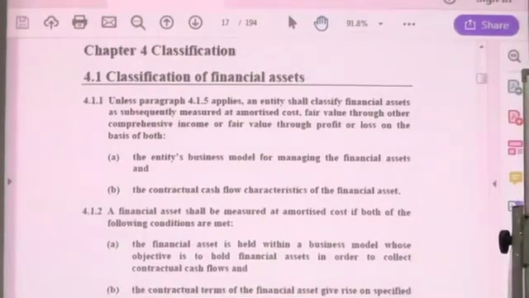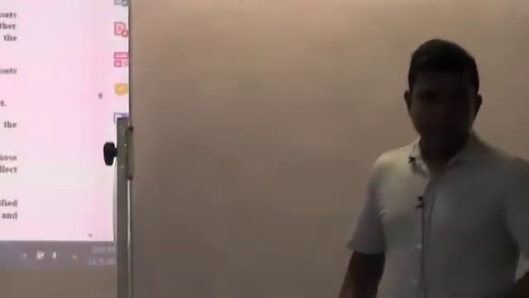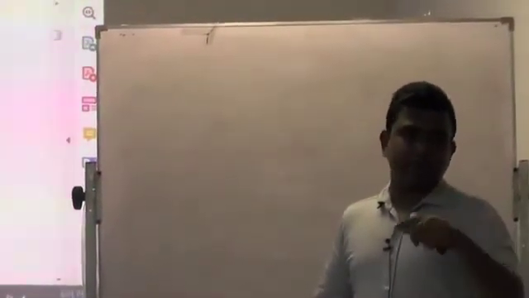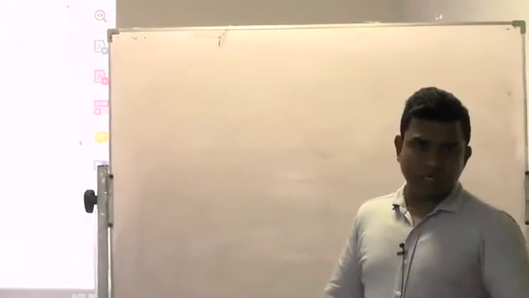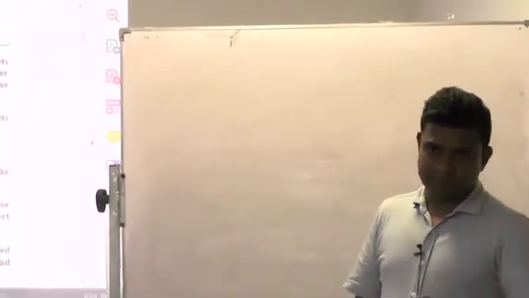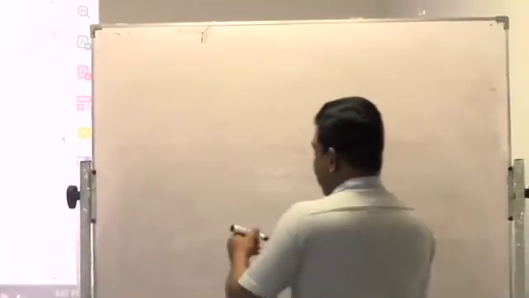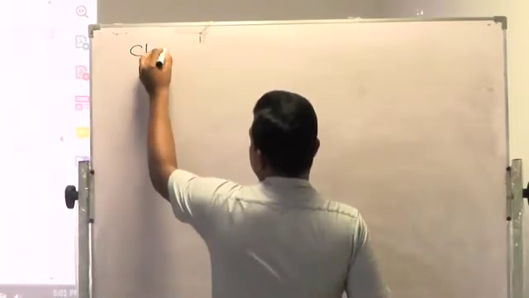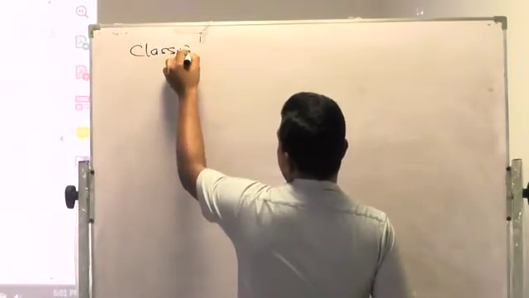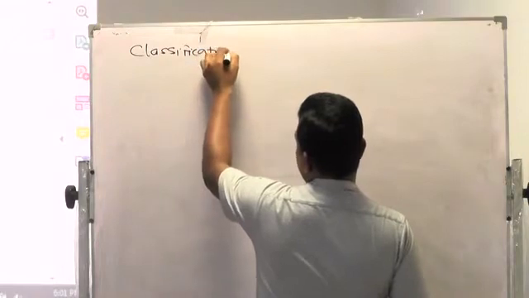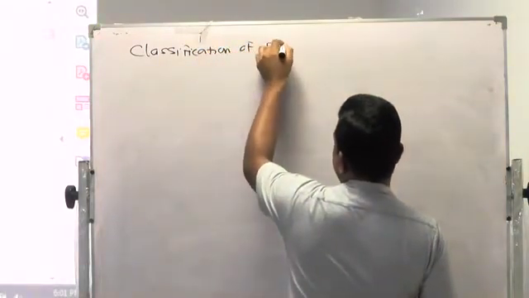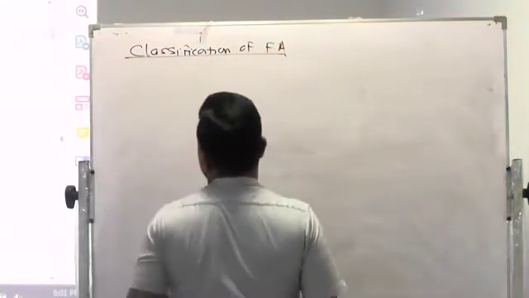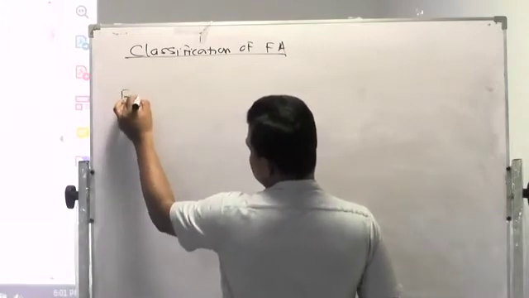Right. Now, simply you know, financial instrument is a contract. When one party has financial asset, other party has equity instrument or debt instrument, simply. Therefore, when you classify financial asset, you have the financial asset.